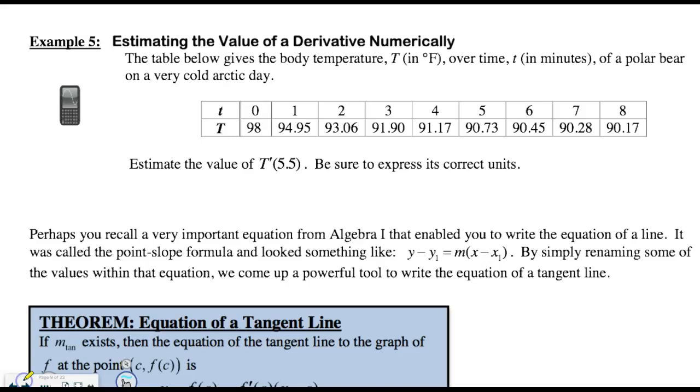All right, moving on to our last part here. So, when you're estimating the derivative of a graph from a table, this is a really important word. It means, Tristan, you cannot get it exact. You're going to estimate it from a table. So what this graph is doing is charting the temperature of a polar bear in degrees Fahrenheit on a very, very cold day.